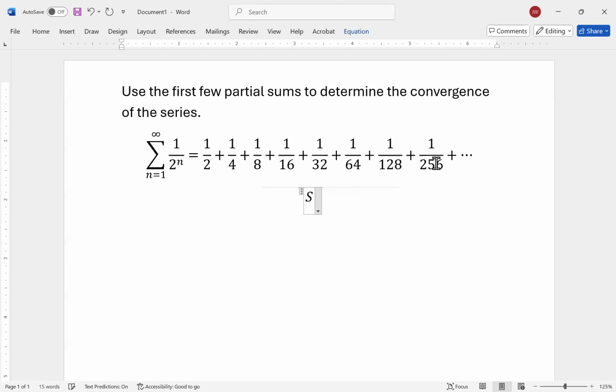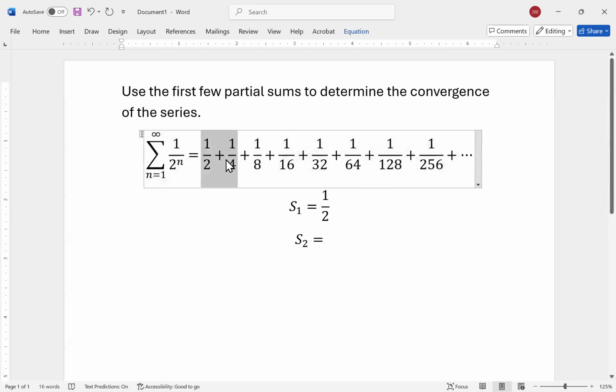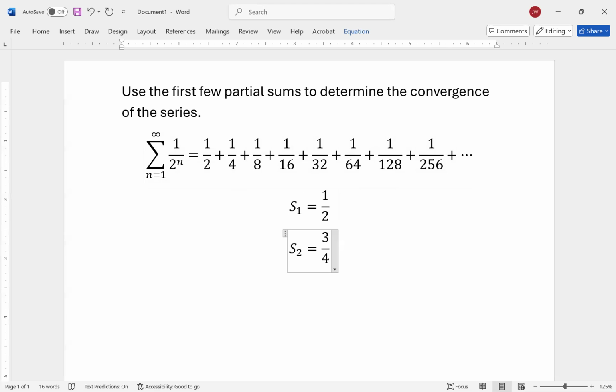Then I start looking at partial sums. The first partial sum obviously is 1/2. The second partial sum is the sum of the first two terms. That's going to be 1/2 plus 1/4, which adds to 3/4. I'm going to keep these as fractions for demonstration purposes.